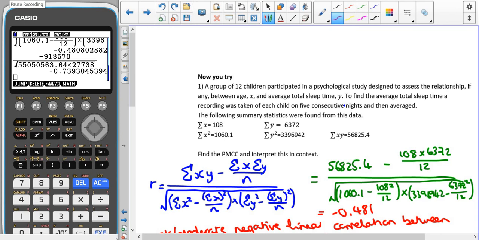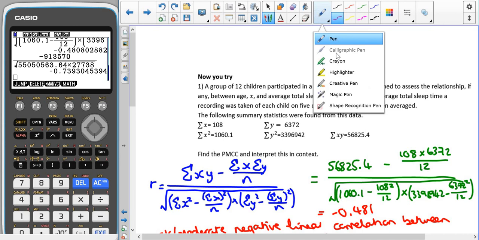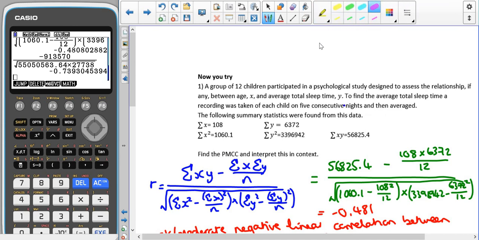Okay, so hopefully you paused the video and gave the Now You Try a go. So this time we have a group of 12 children who participated in a psychological study designed to assess the relationship, if any, between age and total sleep time.